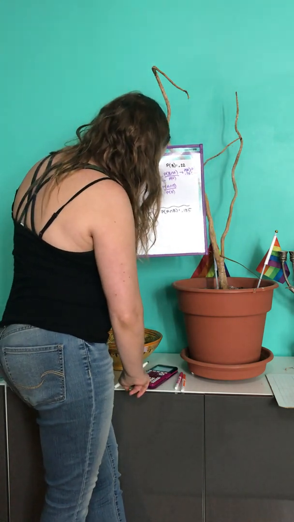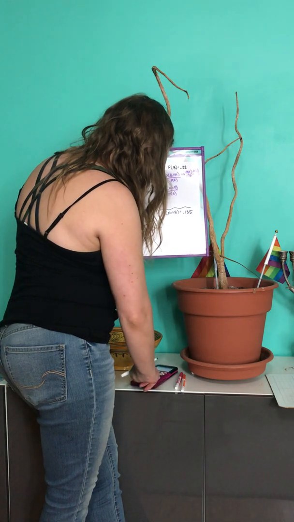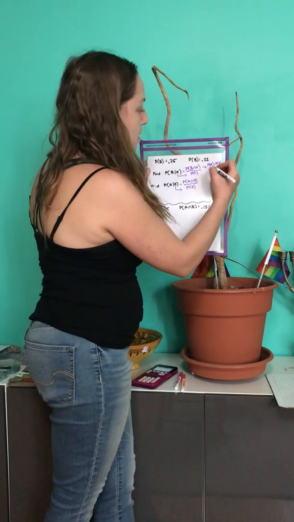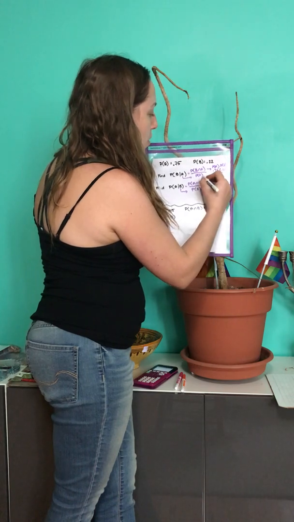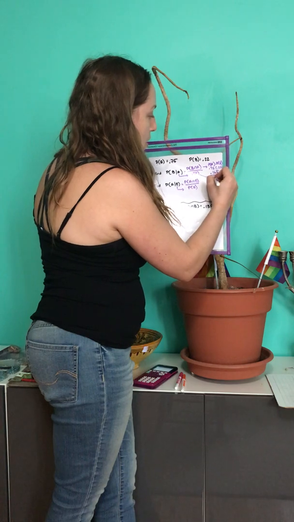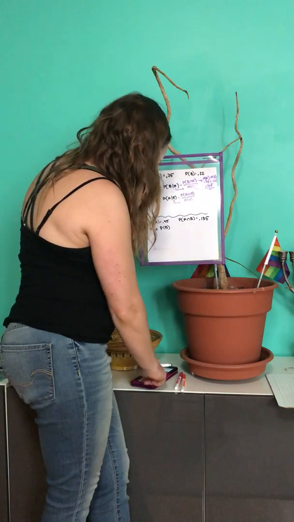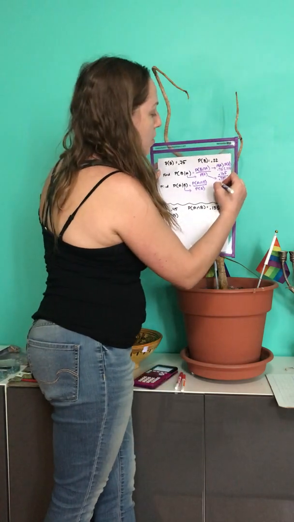So in my calculator, it's 0.165, so that's 0.165 over the probability of A is 0.75. And then I just divide that. 0.22.